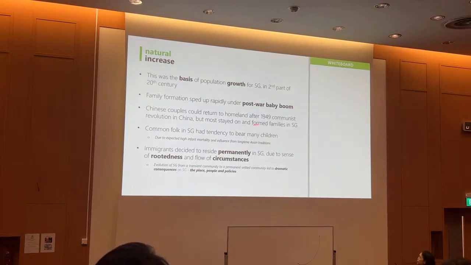Family formations accelerated after the war. So there are various factors contributing to the huge surge in babies born. Some will be mentioned here. Living conditions and people's moods were uplifted after the war, so they were more willing and more able to give birth to more babies.